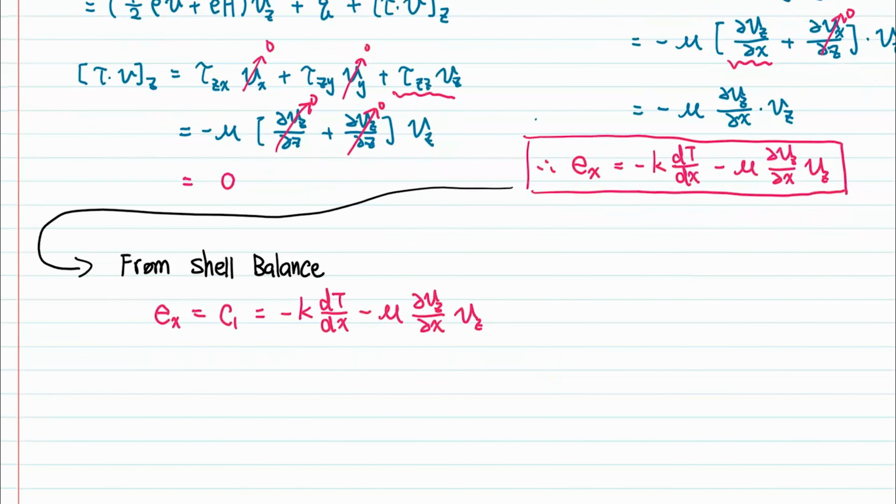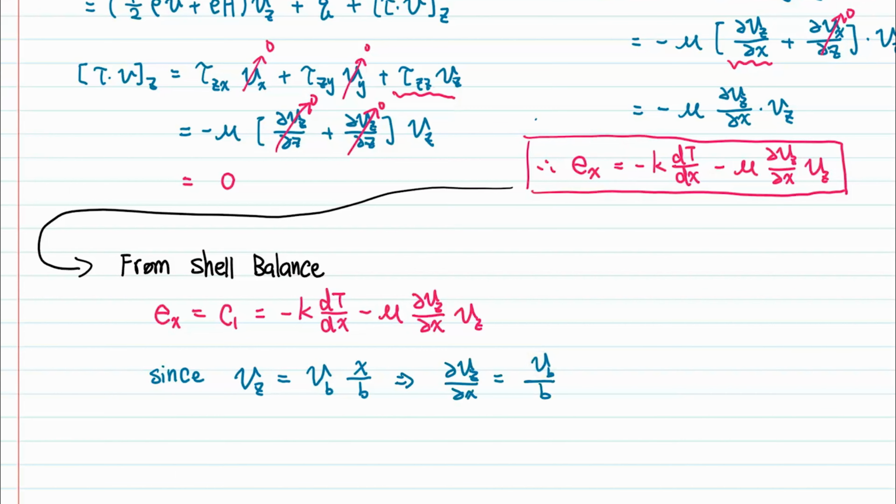We already know that vz equals vb times x over b, so partial vz partial x equals vb over b.